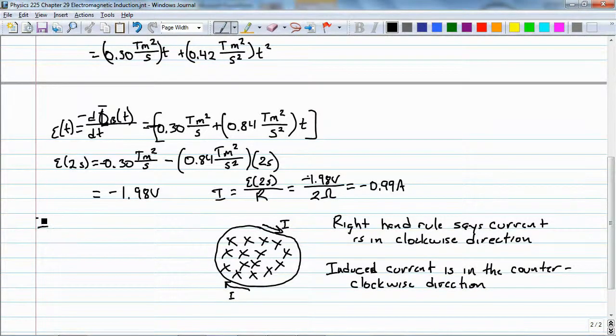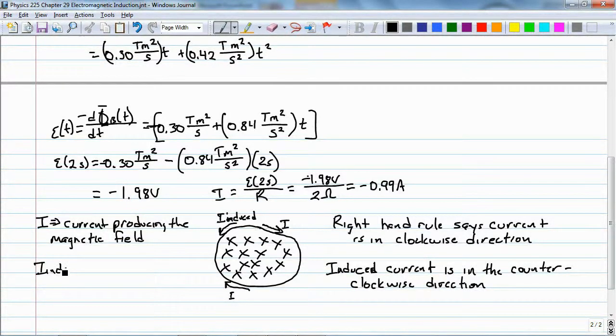So I is the current producing the magnetic field, and I induced in the counterclockwise direction is the current produced by changing flux.